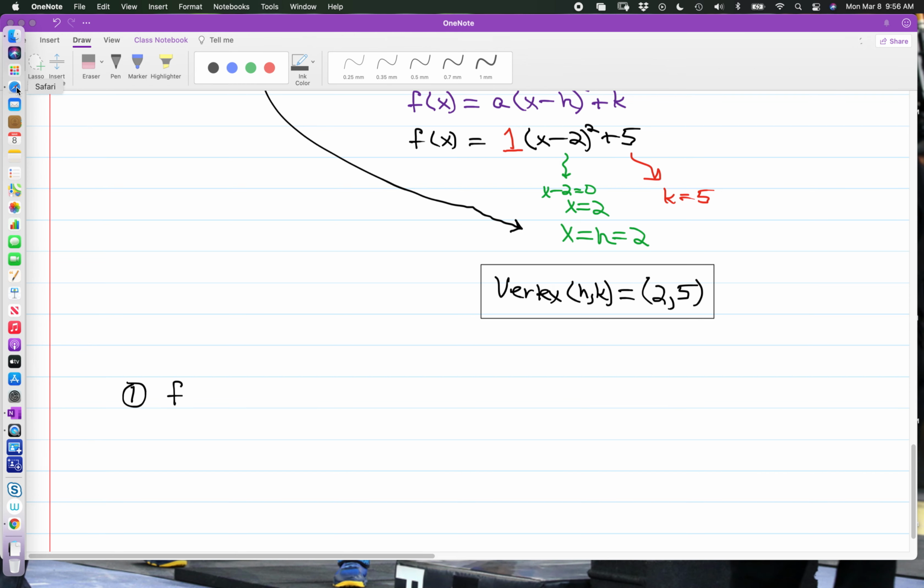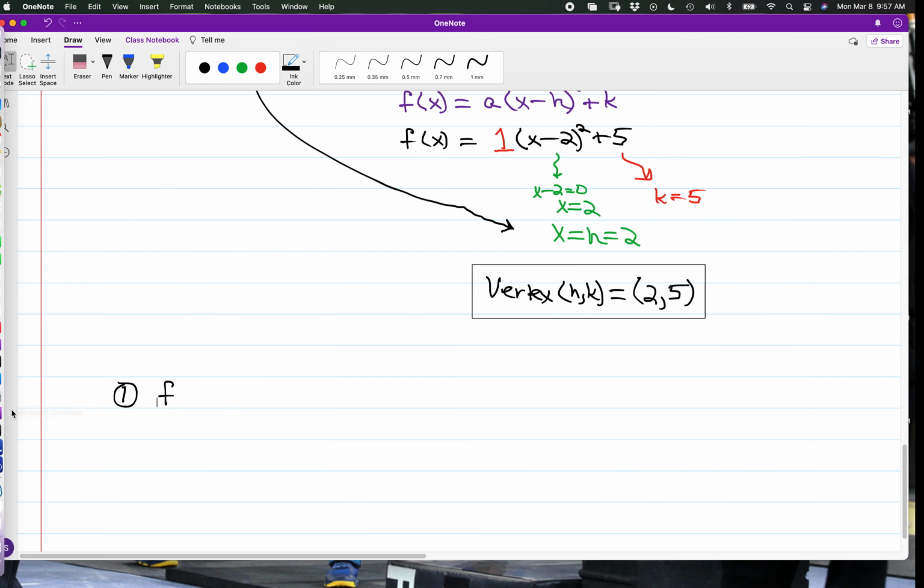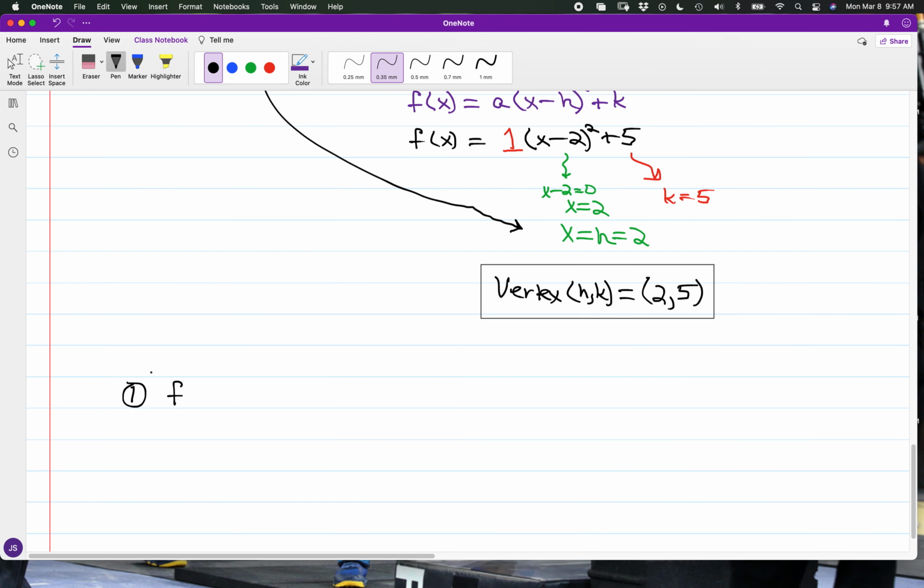There we go. And we'll say that we have f of x equal to negative 2 times the square of x plus 5, and then minus 10.